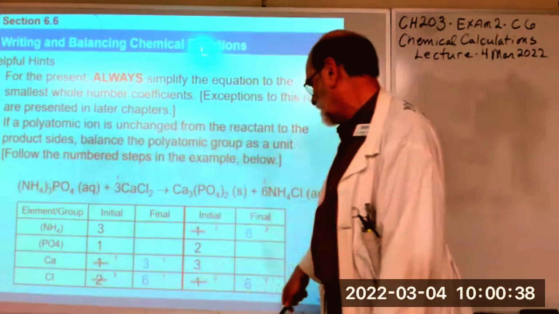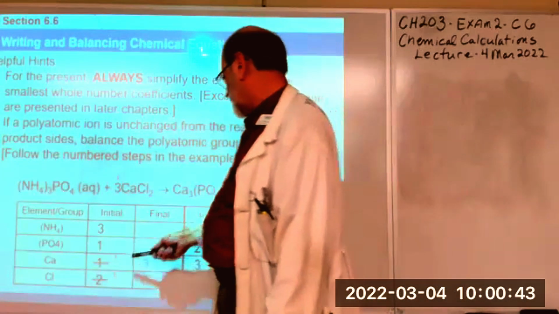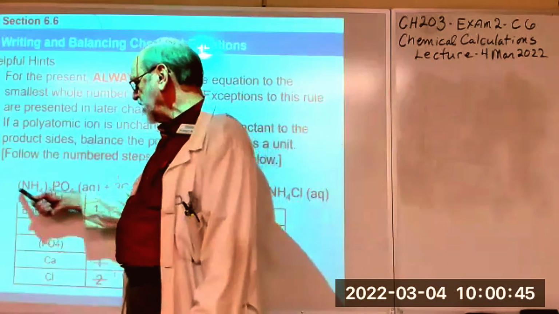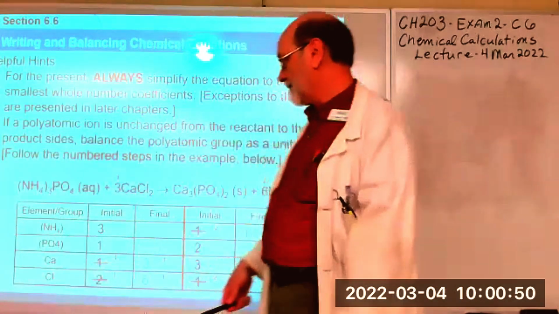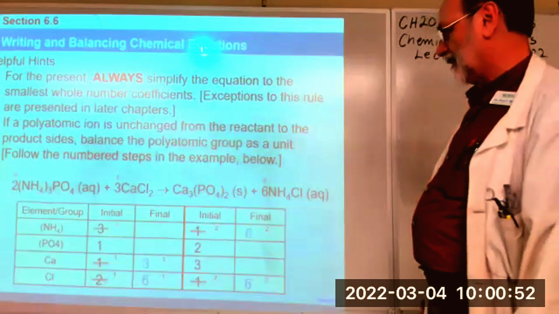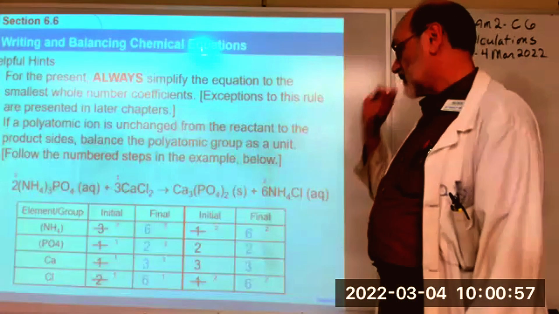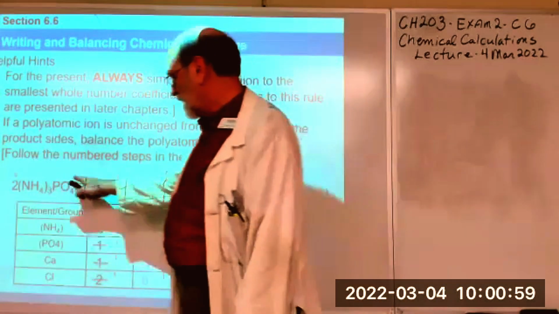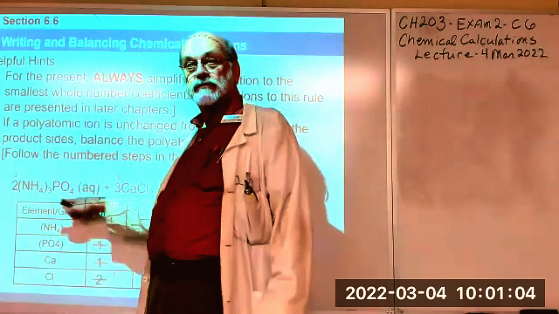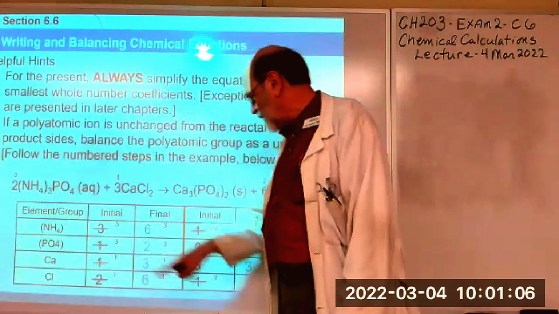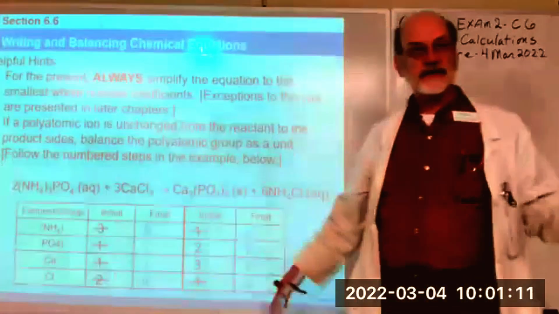We got that one fixed. We changed the ammonia. So how do we change the ammonia on this side? Well, if we need 6 ammonias on this side, a coefficient of 2 will give you 6 ammonia, right? It'll also change the phosphates to 2. Because there's only one phosphate here, but there are 2 formula units means now you have 2 phosphates. So we got 2 phosphates here. And if you look, 6236, 6236, we're balanced.